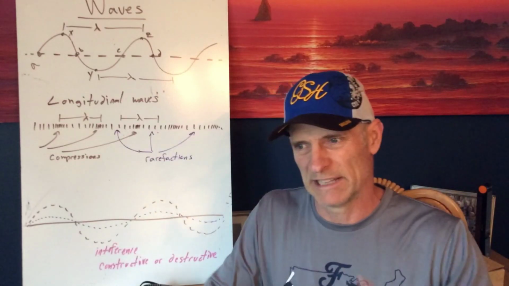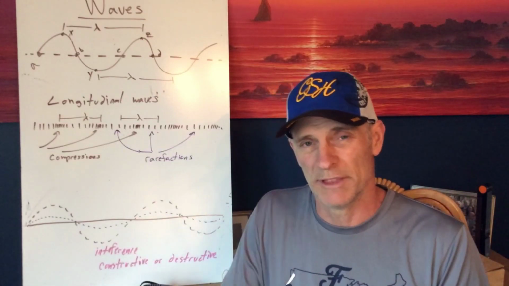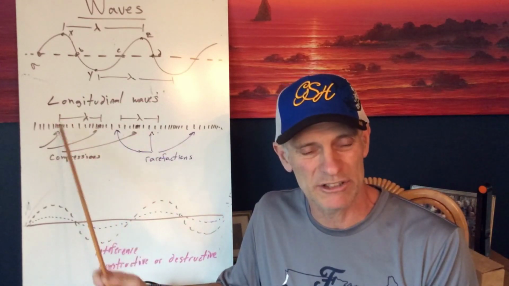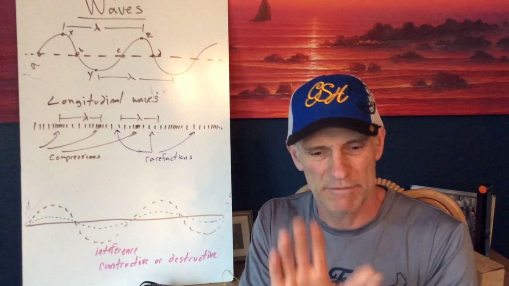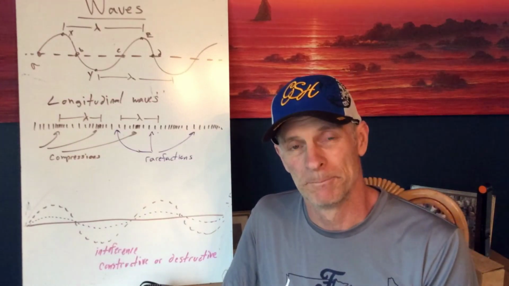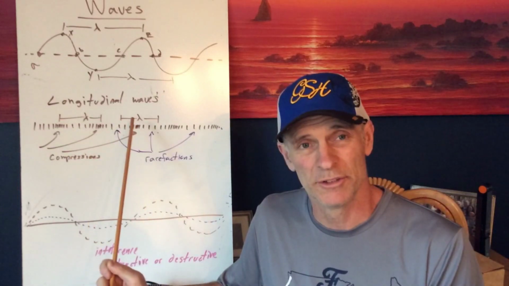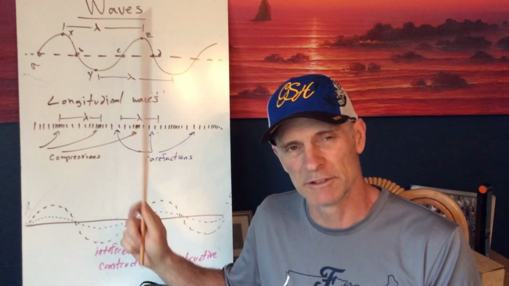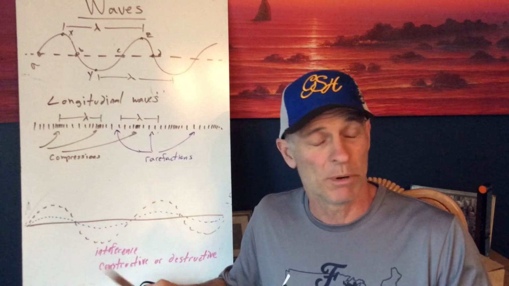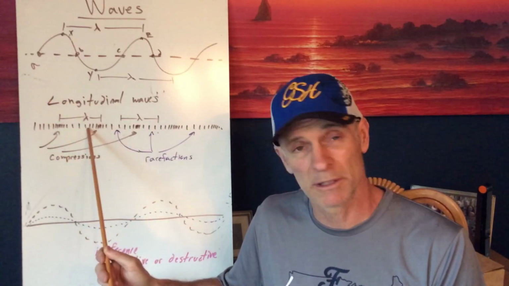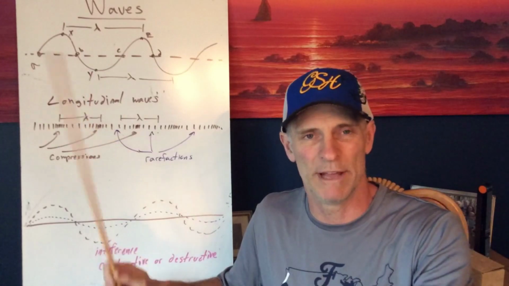So there are large stretches without any pressure whatsoever, whereas in compressions there are a lot of wavefronts banged up against each other. Compressions and rarefactions take the place of crests and troughs, but it doesn't matter, because the distance from the middle of one compression to the middle of the next compression would still be called a wavelength.